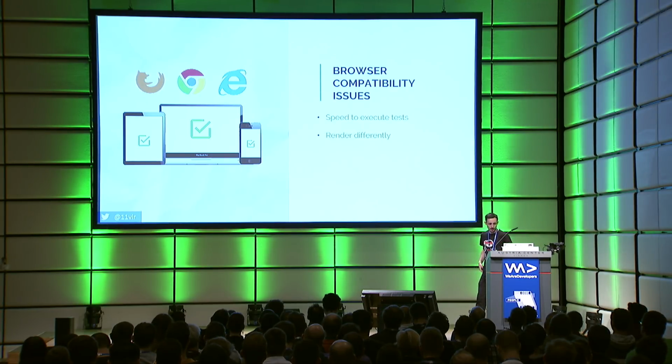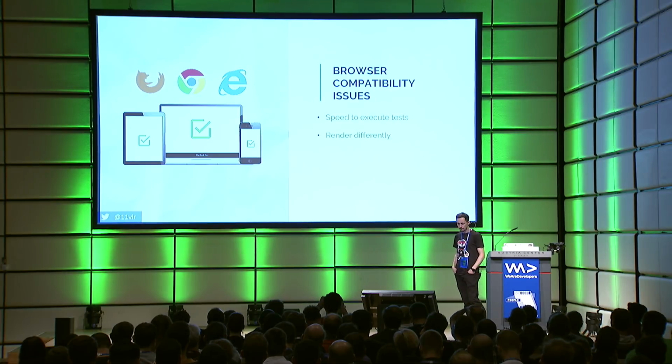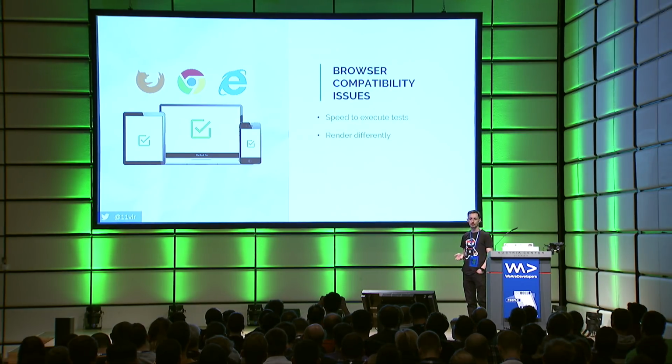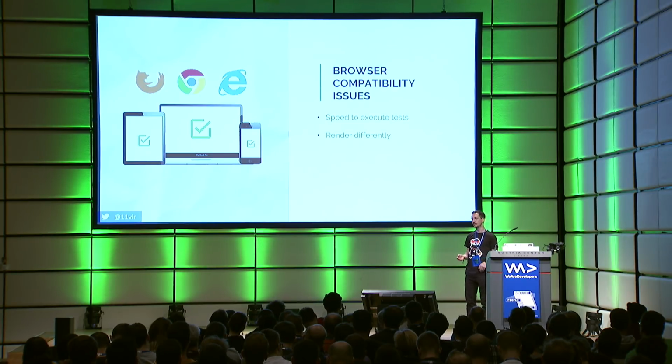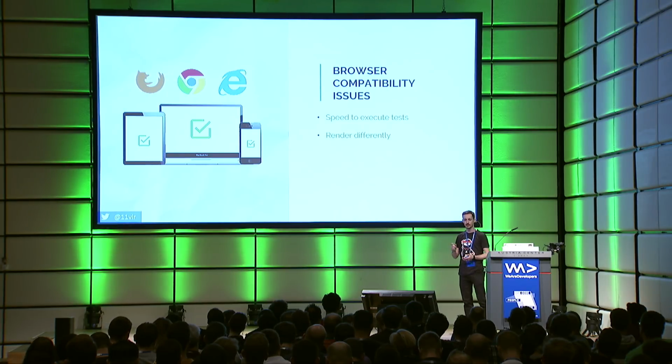The browser compatibility issues. Perhaps not everybody would have these issues, but because we try to support Chrome, Firefox, and IE, there's the speed in which tests execute. The same test that we run and point at a different web driver, the browsers or the drivers will actually execute at a different speed. And so all of a sudden you find yourself within your tests having to wait for this to happen or retry until this happens.